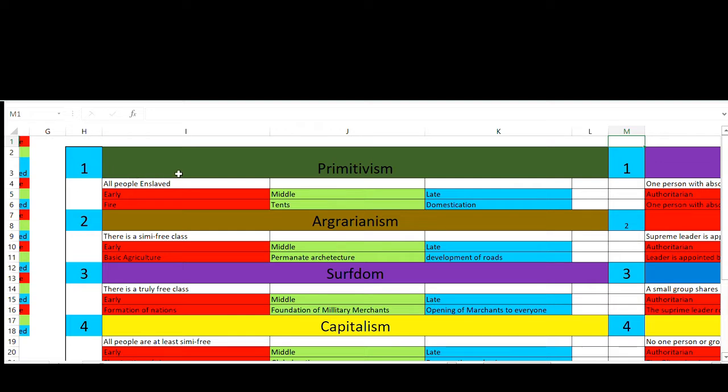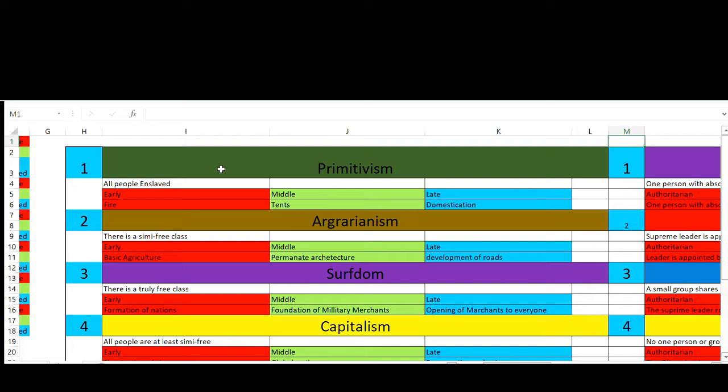So let's start off with primitivism. Now, in order to understand all this, we have to understand the difference between free people, semi-enslaved, and fully enslaved. So basically people that are fully free are people that have control over their time and efforts.